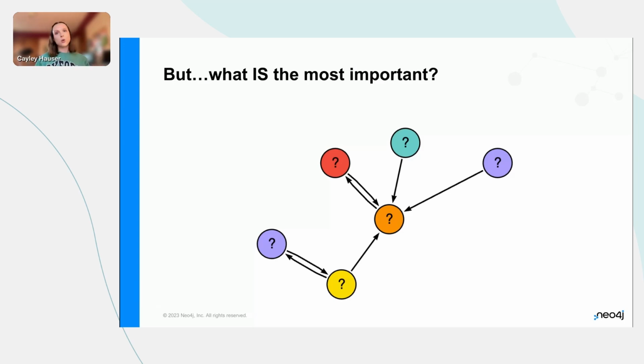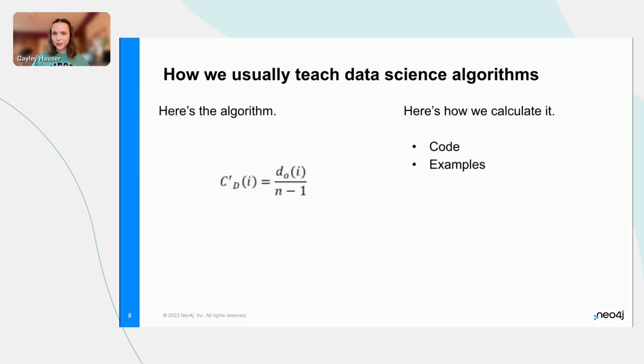But a lot of our questions tend to be based on a certain structure of the graph, a certain way the nodes are connected to the other nodes. And this is what our different centrality measures are trying to exploit to help us answer this question based on the specific use case. Like I said, it depends on what you mean by important.